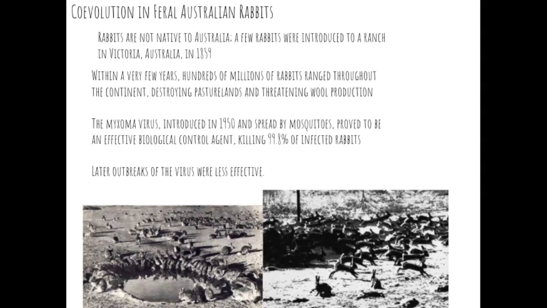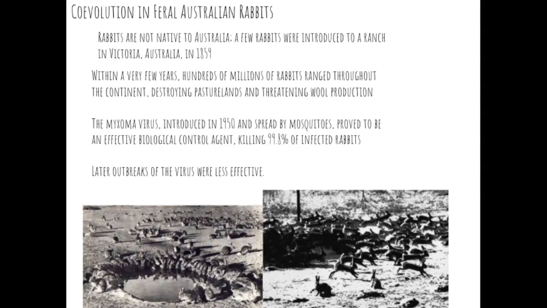So we just talked about population growth and exponential growth. So you can imagine that if you put rabbits, which multiply very quickly, they have several litters of babies a year, and they can have many, many babies in each litter. So you can imagine that this rabbit population exploded really, really quickly.